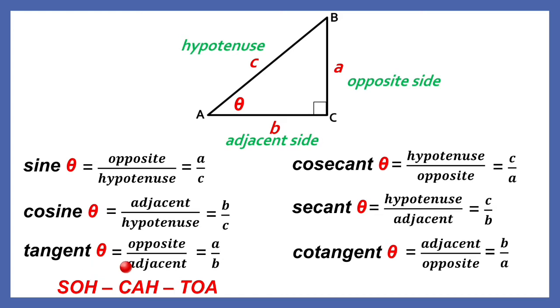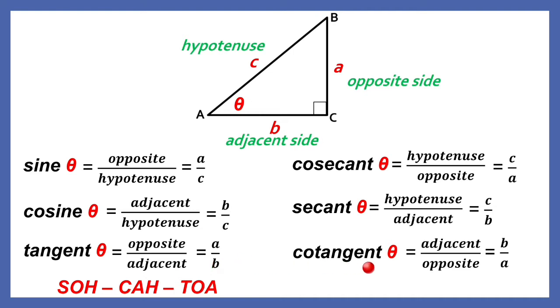Dito naman tayo sa gitna, CAH. Ang C stands for cosine, ang A stands for adjacent, ang H stands for hypotenuse. So, cosine theta equals adjacent over hypotenuse. Dito sa third, TOA, T stands for tangent, O stands for opposite, and A stands for adjacent. Kaya meron tayong tangent equals opposite over adjacent.